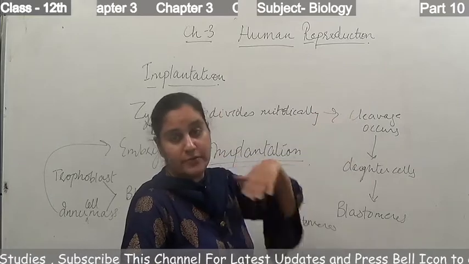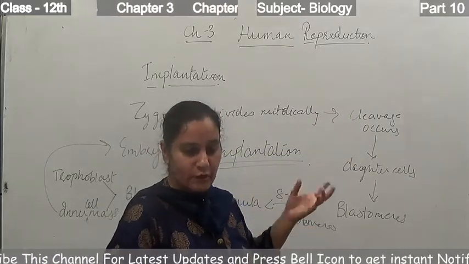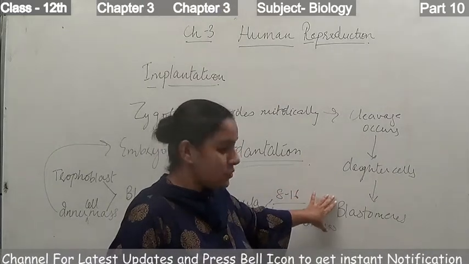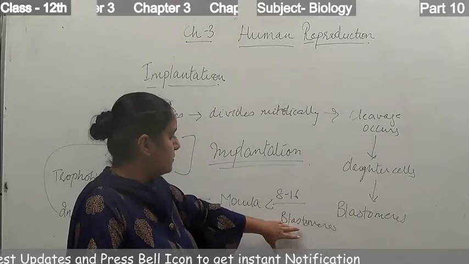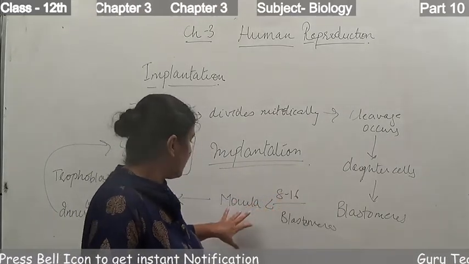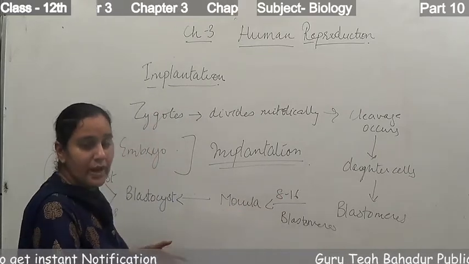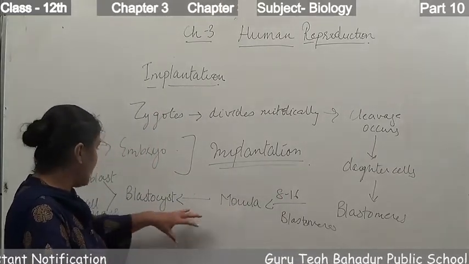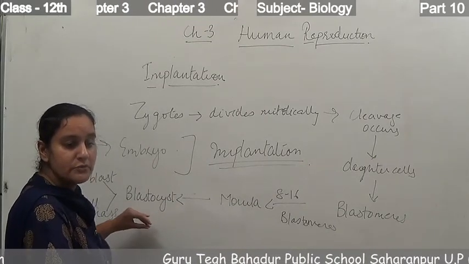After the first cleavage, 2, 4, 8, 16 daughter cells are formed. These are known as blastomeres. When the blastomeres are at the stage of 8 to 16 cells, they are known as morula. This morula continues to divide into a large mass and becomes the blastocyst, which further passes to the uterus.